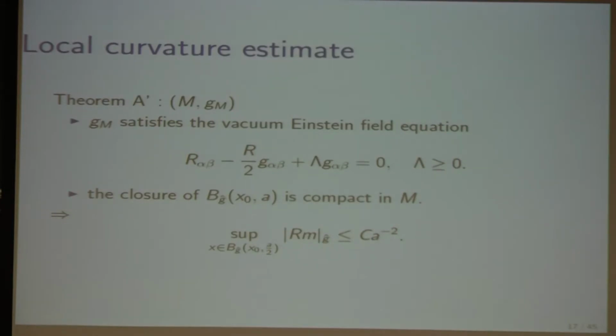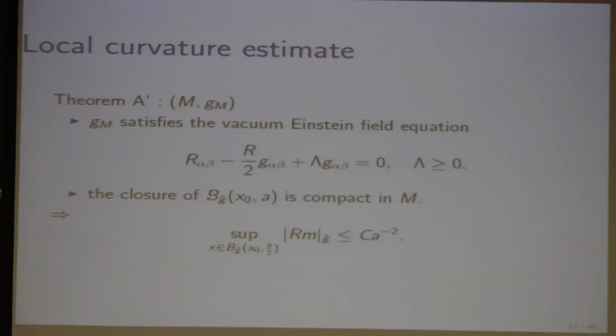It states the following: if the space-time satisfies the vacuum Einstein equation with non-negative cosmological constant, and actually I only need this condition to hold on a ball of radius A. Here this is a ball with respect to the Riemannian metric G hat. I assume the closure of this ball of radius A is compact.